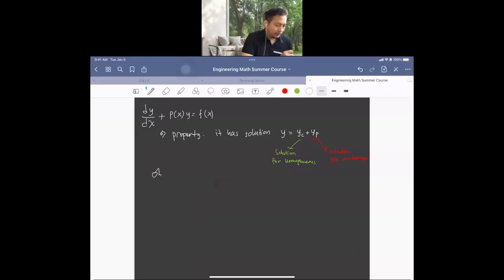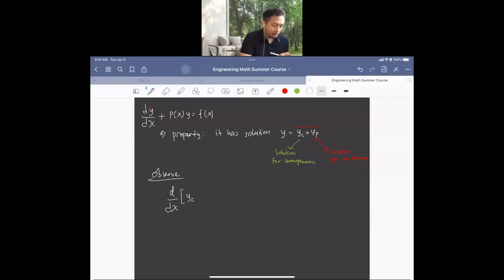Now let's observe if we try to put this yc plus yp inside our dy dx. So d dx, let's exchange y to yc plus yp.